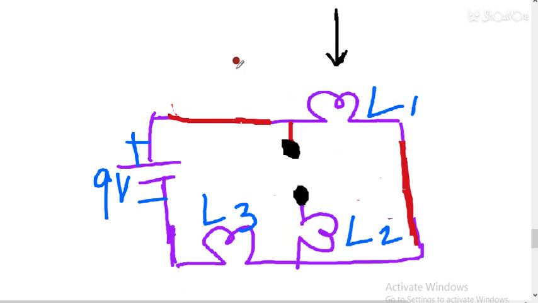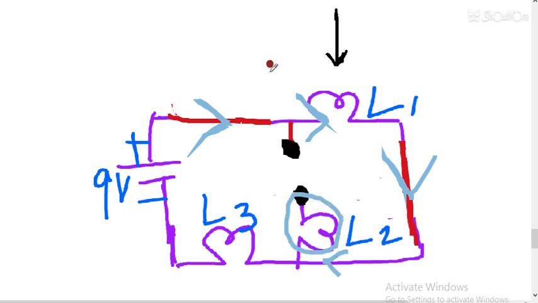So if you look at the question carefully, current will flow from the battery in this direction, and further in this direction, and further in this direction, but it will not go to L2. Because L2 is not further connected, L2 is open, so current will not go to open circuit terminals.